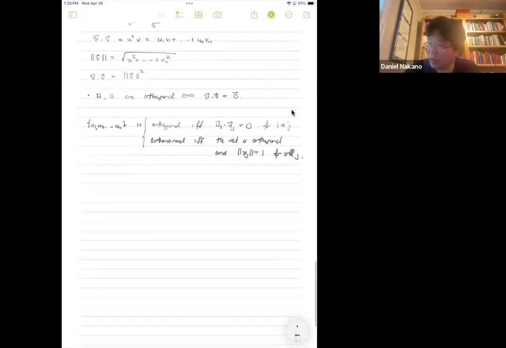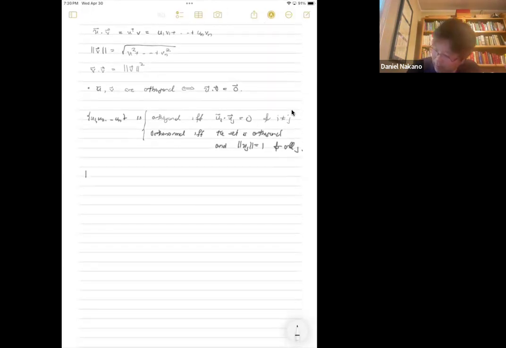Okay, so here are things that you should know how to do. 1. You should be able to determine if a set of vectors is orthogonal or orthonormal.